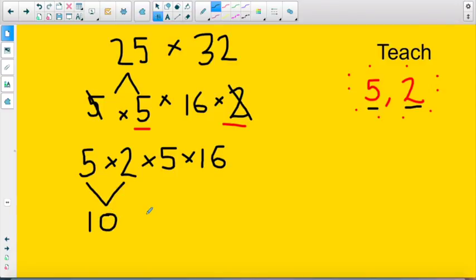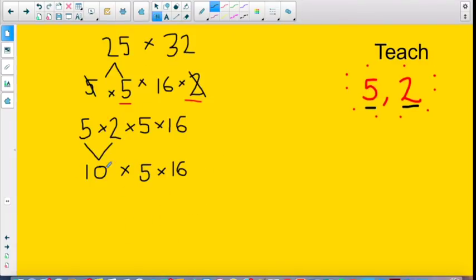So now our question is 10 times 5 times 16. So this is looking like a better sum straight away. You might be able to work out that 10 times 5 really equals, guys, 50, doesn't it?